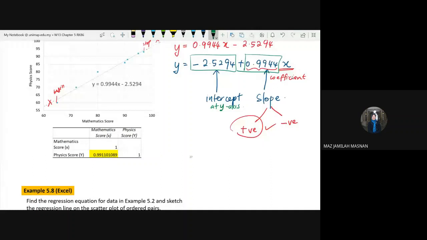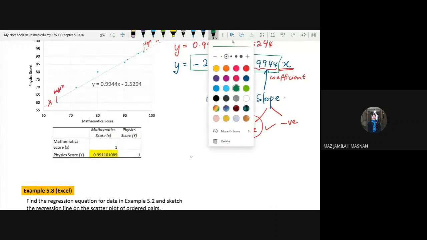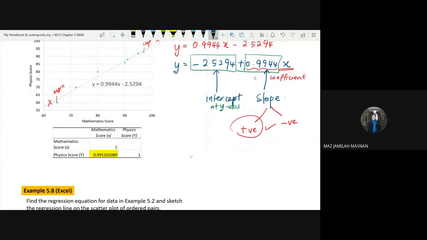If you can turn to page 177, the way we interpret is this way. This is your beta naught hat, and this is your beta 1.